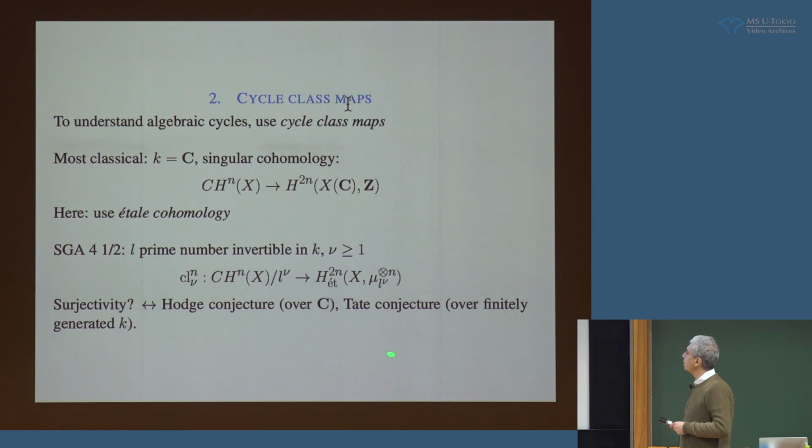And then the one question which is usually asked about these cycle class maps is surjectivity of them over some subgroup of this kind of group. Over the complex numbers, this is the Hodge conjecture, and over a finitely generated field, this would be the Tate conjecture for l-adic cohomology.